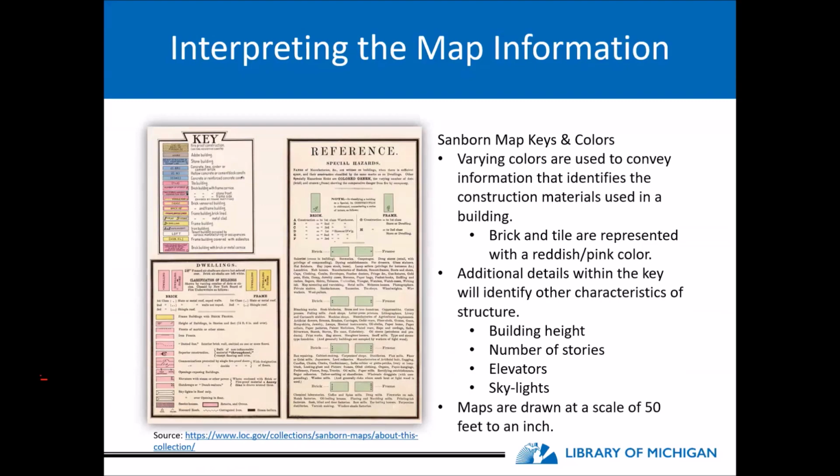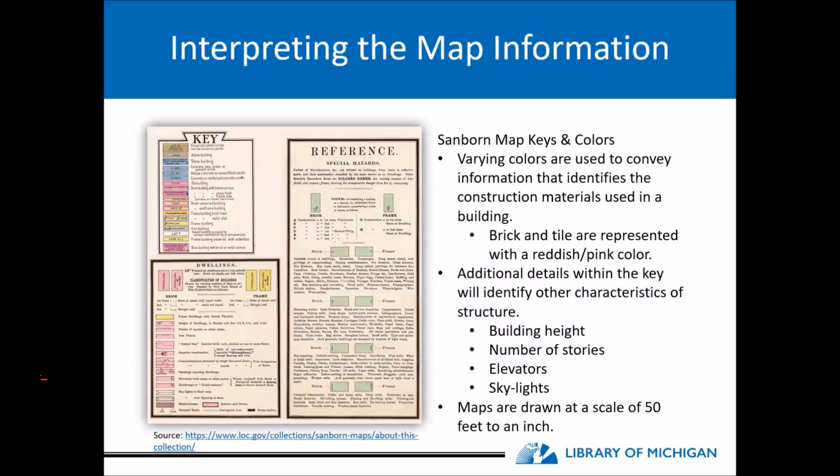As I say, brick and tile are represented by a reddish pink color. You might get additional details in the key, identifying different characteristics: maybe number of stories, if there are skylights, elevators, maybe building height. And then the scale is 50 feet to an inch.